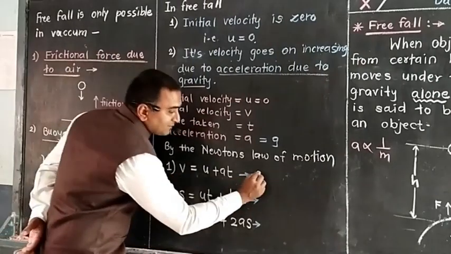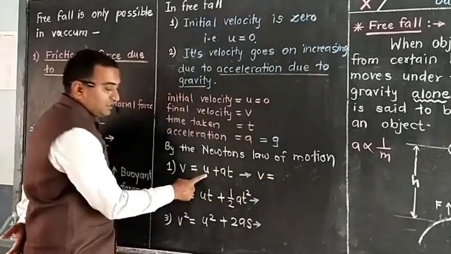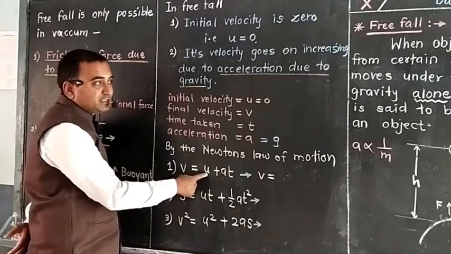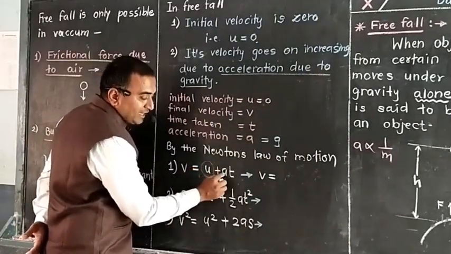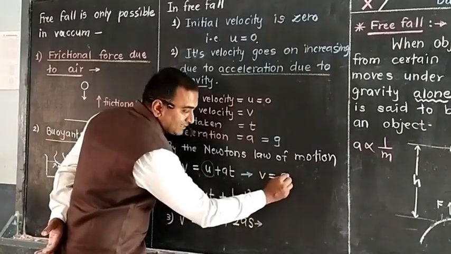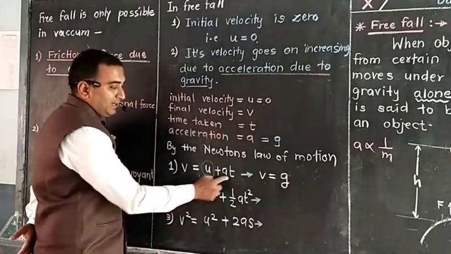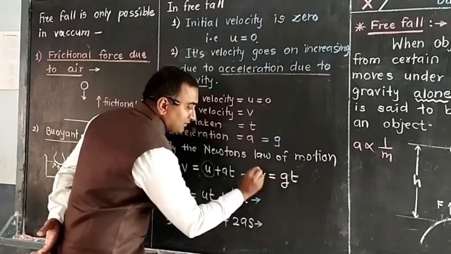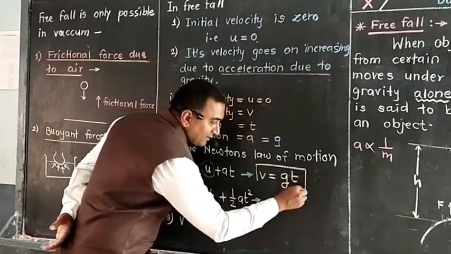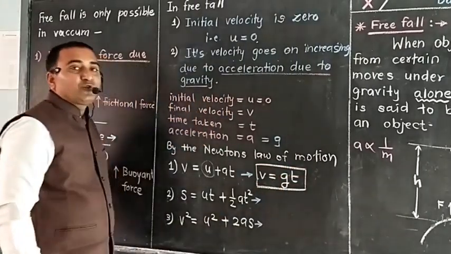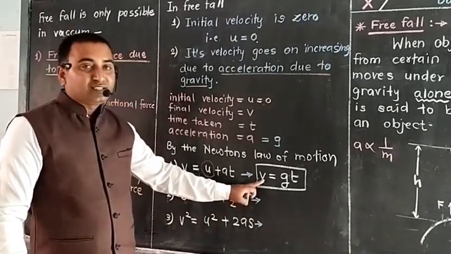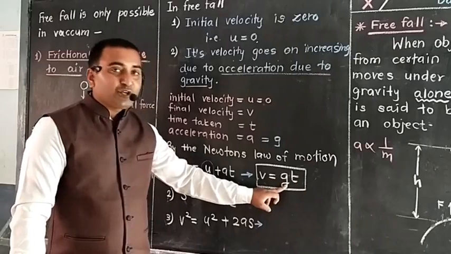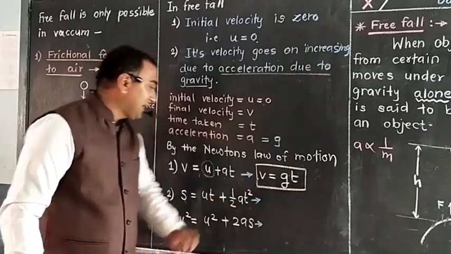Here v remains the same. Initial velocity is always 0, so it gets cancelled. a is acceleration due to gravity and t is time. So the first equation in free fall is v is equal to gt. That means final velocity is equal to acceleration due to gravity into time.